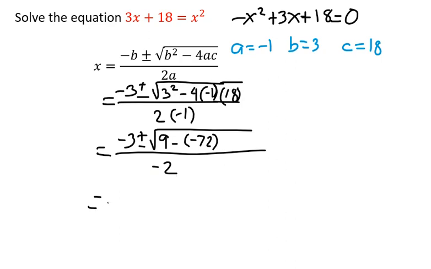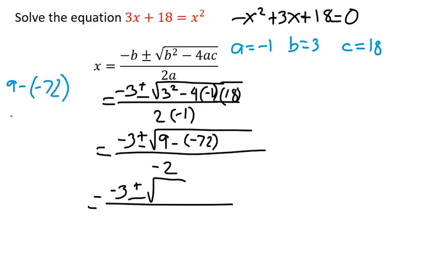Okay, so negative 3 plus minus 9 minus negative 72. Dahil double negative, yan ay magiging 9 plus 72. And 9 plus 72 is 81 over negative 2.